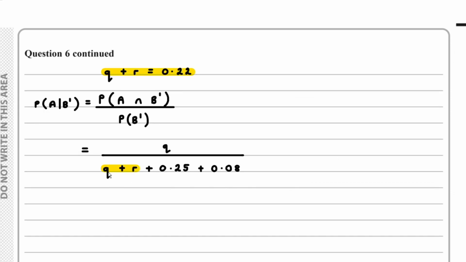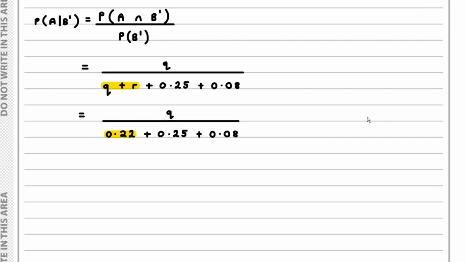But we know that Q plus R is 0.22. So we can rewrite this as Q over 0.22 plus 0.25 plus 0.08. Simplifying, we end up with Q over 0.55.